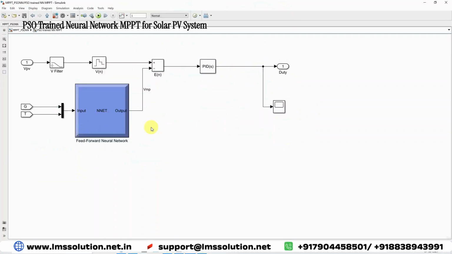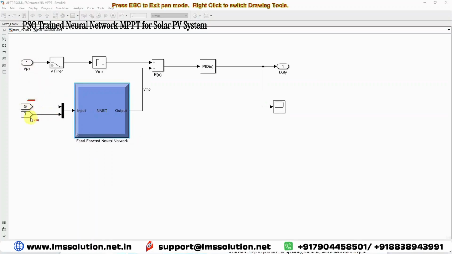Inside the PSO trained network, that means this is the neural network trained by the PSO, it receives two inputs. One is irradiation, another one is temperature, and then it will provide the voltage at maximum power point. It's going to be compared with the PV panel voltage, and after that it's going to be processed via the PID controller. The controller is going to generate the duty cycle.